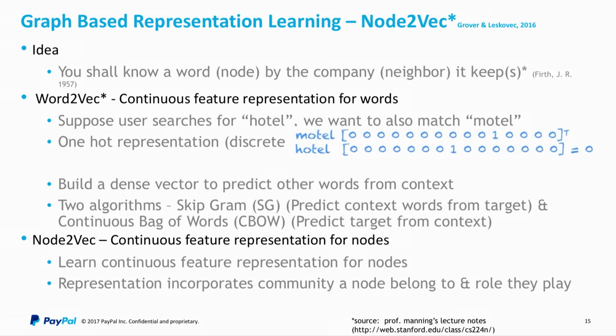When you're learning a vector representation for a word, one thing you can look at is techniques that predict the next word or the adjacent context words given your target word, or, given a context word, predict the target word.